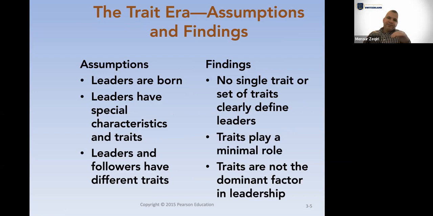and these are some of the main assumptions of this particular trait era, where, as I said earlier, leaders are born rather than made, which dominated much of this era.